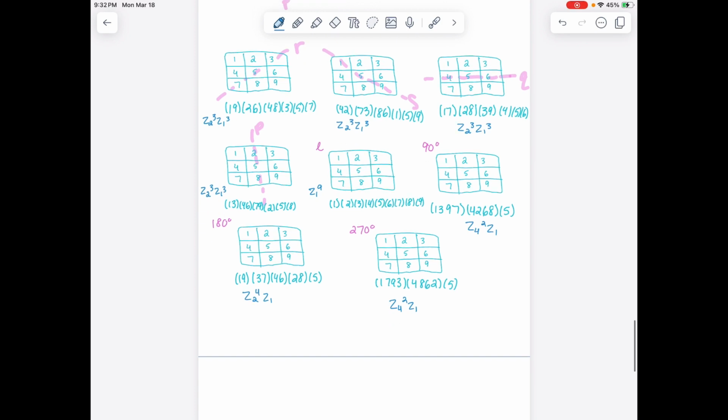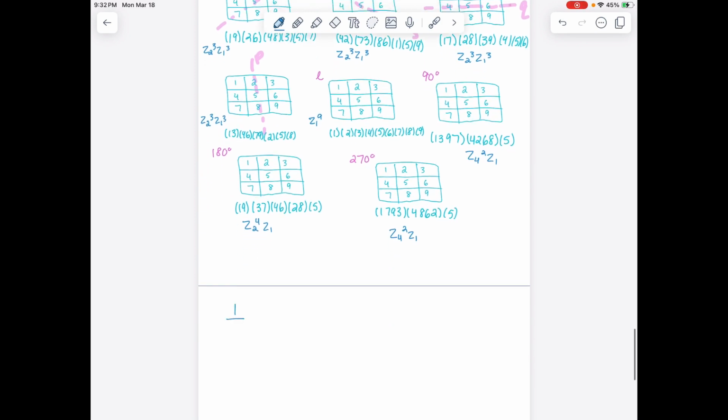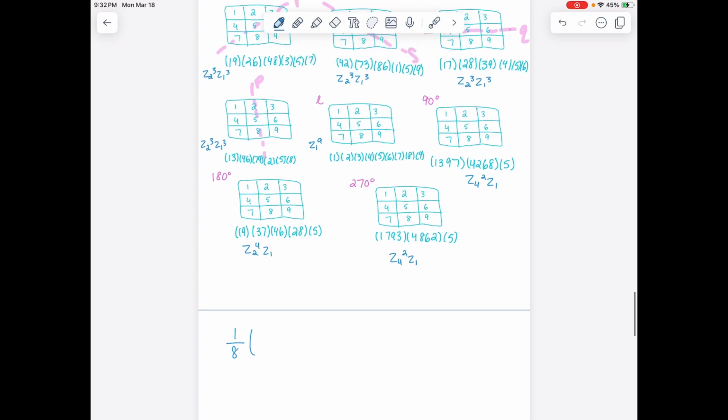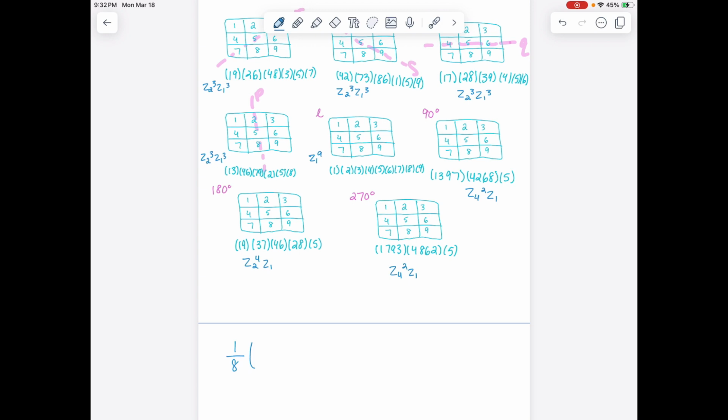So we have 1 over 8, so that's the size of our group, times we have 4 cases of z2 to the third times z1 to the third, plus 1 case of z1 to the ninth, plus 2 cases of z4 squared times z1, and then 1 case of z2 to the 4th times z1. And that should be equal to 8, and it is.